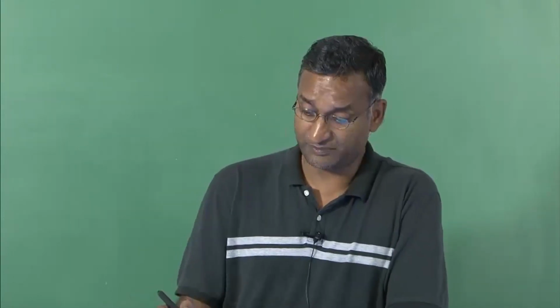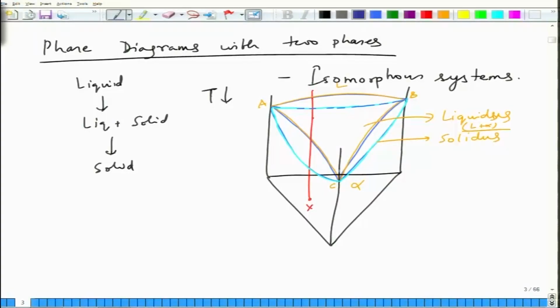Because solidus and liquidus are curved surfaces and the profiles may not be exactly parallel to each other, as a result you will have liquidus going something like this, and then correspondingly you will have some solidus that will go in another fashion, and the tie lines between these two may not be exactly parallel to each other, and they may change directions as you go from section to section.